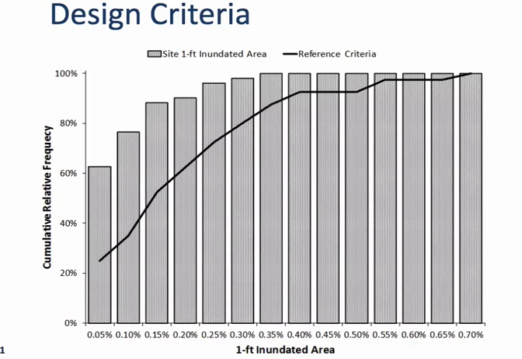Moving from left to right, as we have a larger and larger flooded area, that larger percentage of flooded area represents a smaller portion of the expected number of outcomes. So that's a probabilistic measure. If the bar charts for the actual design that we produced plot above that line, it means it's acceptable, because compared to our prescriptive design, we are having less ponding, or ponding to a lesser degree, than in our reference criteria.